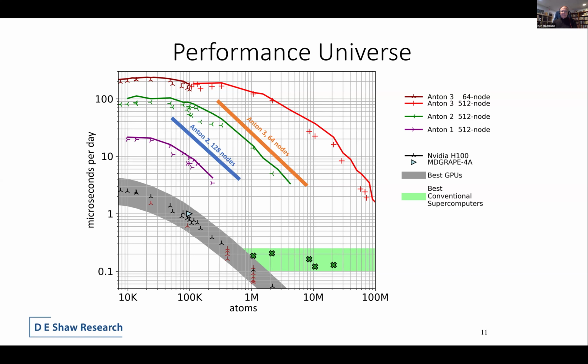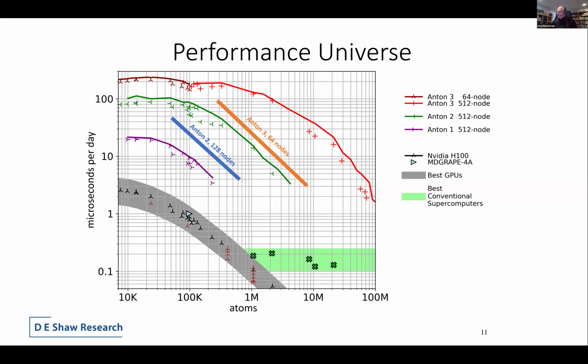They run at the speed of their network, which looks like it's about 200 nanoseconds per day, and probably getting worse with each generation, because their networks are optimized for high throughput of large packets, and our network is the complete opposite. It's optimized for tiny packets because it's specialized for molecular dynamics.